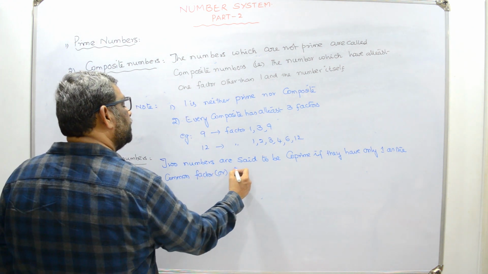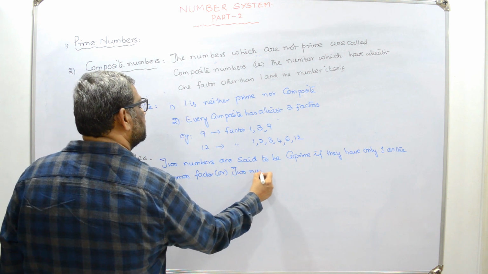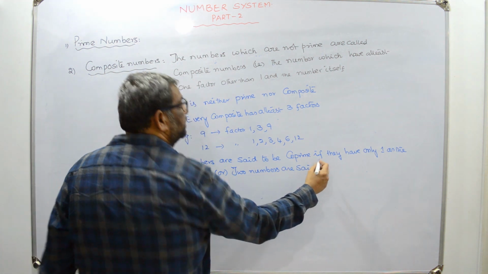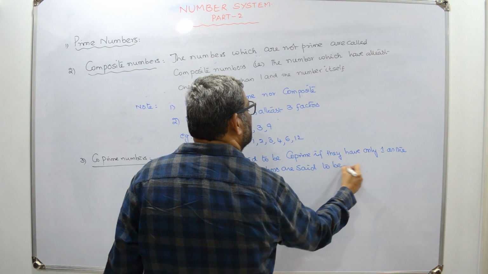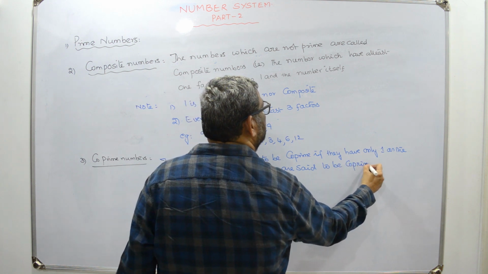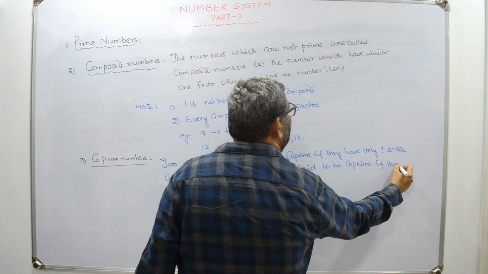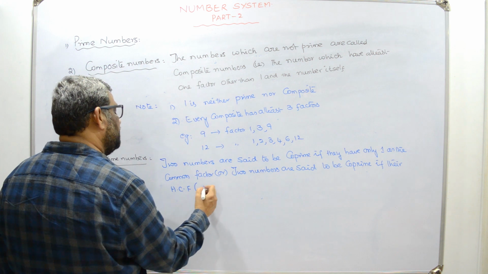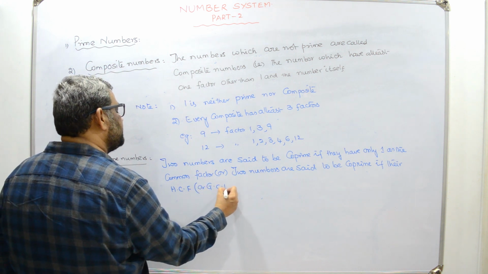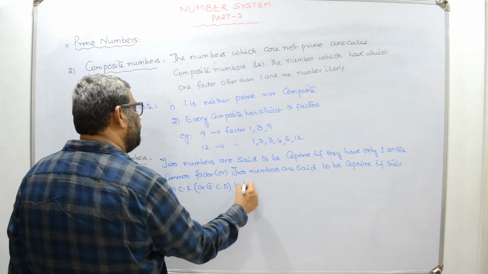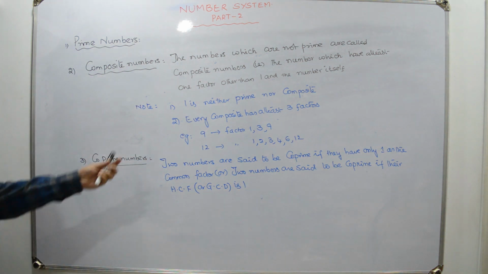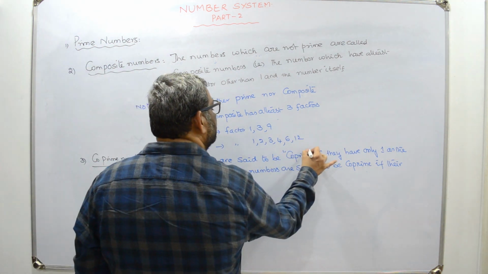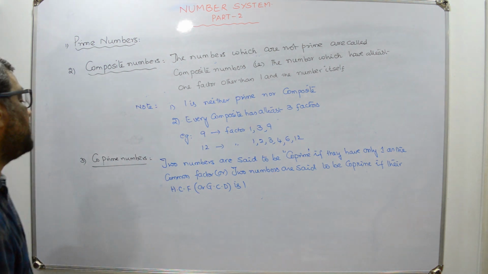Or two numbers are said to be co-prime if their HCF, highest common factor, or GCD, greatest common divisor, is 1. This is about the co-prime numbers.